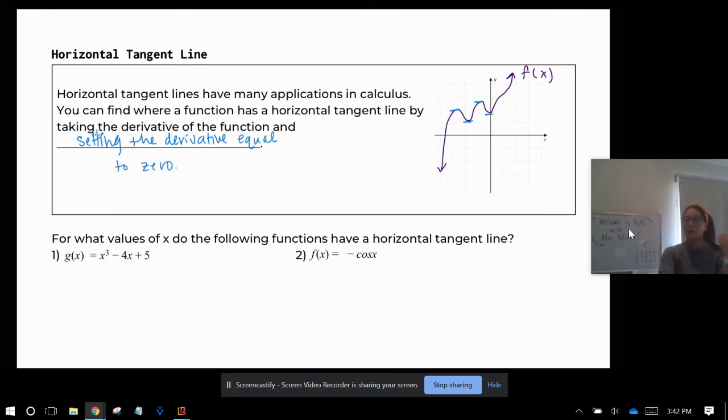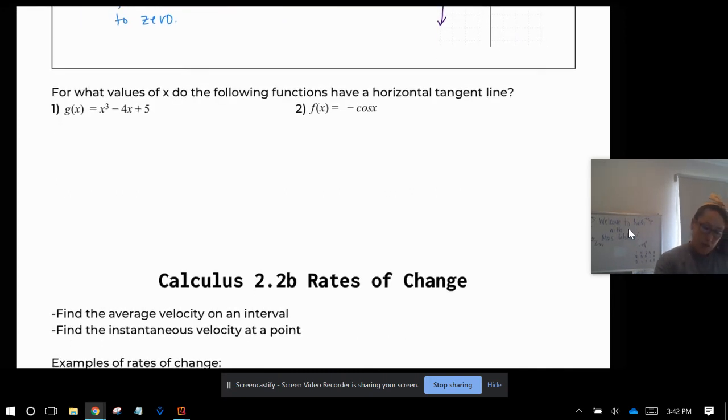Because why? Because the derivative is the rate of change of the function. So over the whole function, it's its rates of change. So for number 1, we're going to take the derivative because I want a function that describes how our original is changing.